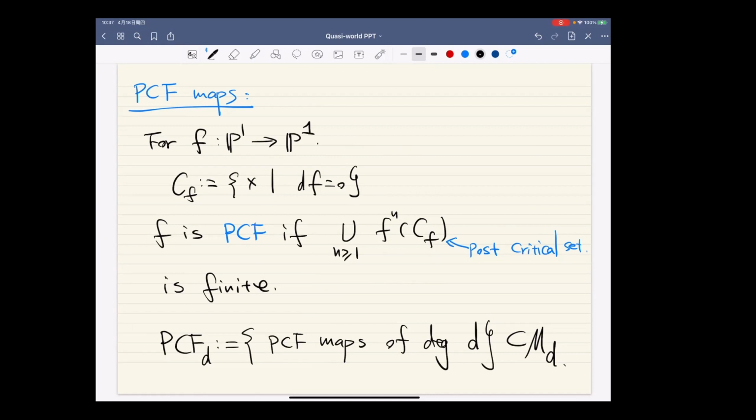The post-critical set is just the union of the forward orbits of all critical points. In other words, F is PCF if and only if all the critical points are preperiodic. Okay, now we denote by PCF_D the set of PCF maps of degree D in the moduli space M_D.